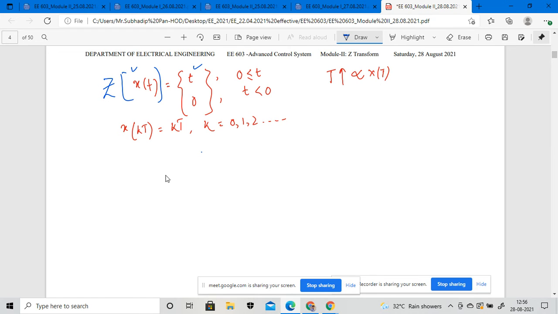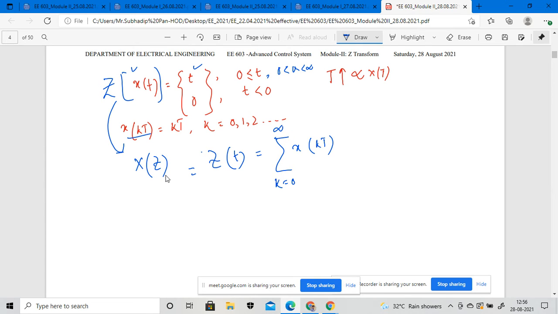So the Z transformation of this side will be considered as X of z. We consider X of z equals Z of x of t. If I simplify this equation, where the k value varies from 0 to infinity, we consider x of kt into z to the power minus k.